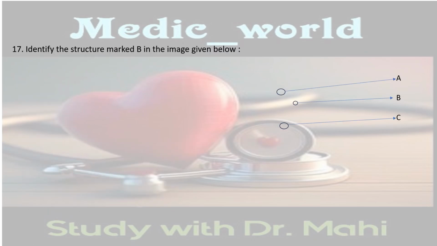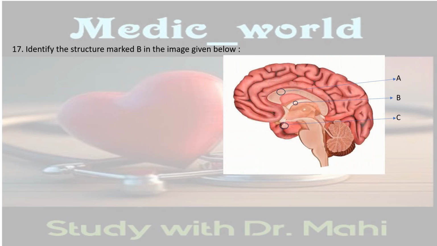Now the next question. Identify the structure marked B in the image given below. Here in the image, there is a structure marked as A. This structure is the corpus callosum. The structure which is marked B, that is this structure, is the fornix.